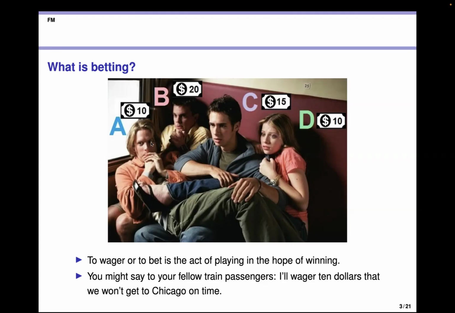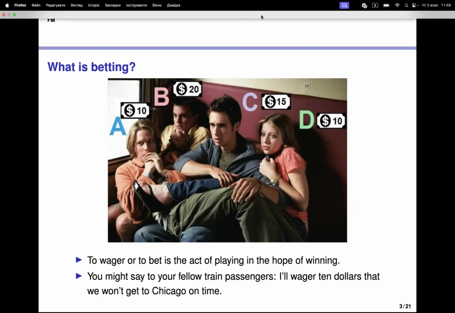So passenger A puts $10, B $20, C $15, and D $10. So the total sum is how much? 55. Yes, $55. Okay.